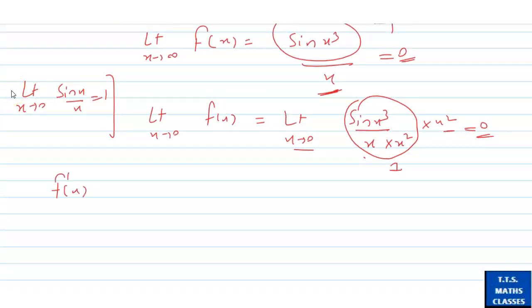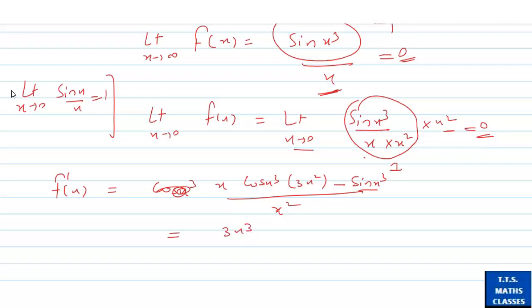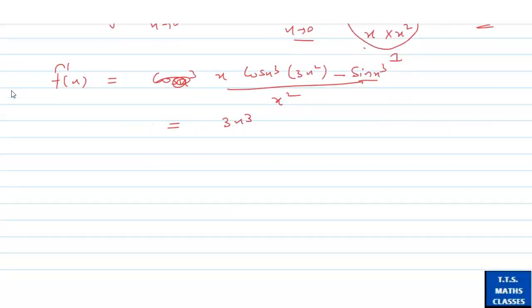When we differentiate this function, we apply the u upon v rule: x square times cos x cube into 3x square, minus sin x cube into derivative of x square, which is 2x. So it will be 3x cube cos x cube minus sin x cube upon x square.